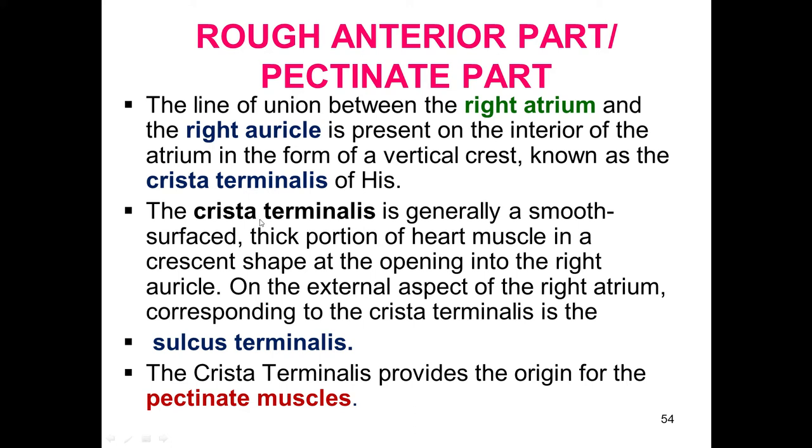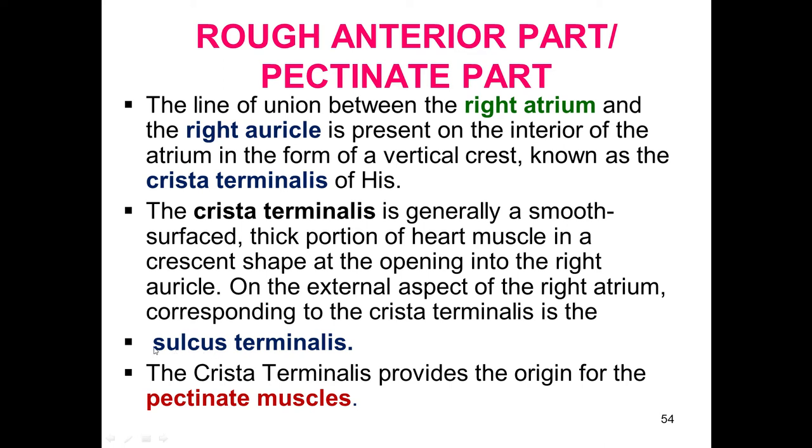This crista terminalis is the thickened portion of the heart muscle between the right atrium and right auricle. On the external aspect, the point where the crista terminalis is formed is known as the sulcus terminalis.